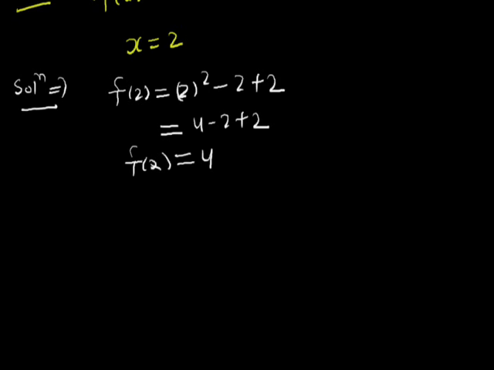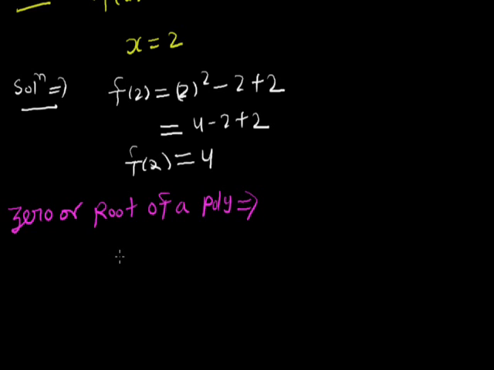After it, we come to our next topic, which is the root or zero of a polynomial. So basically, what is the meaning of zero or root of a polynomial?